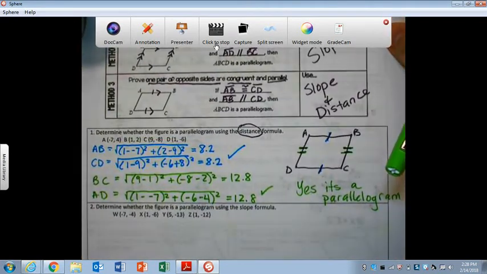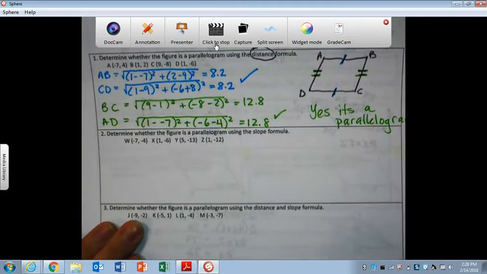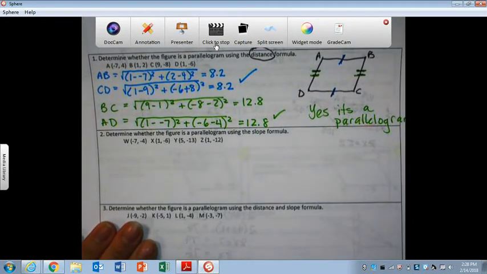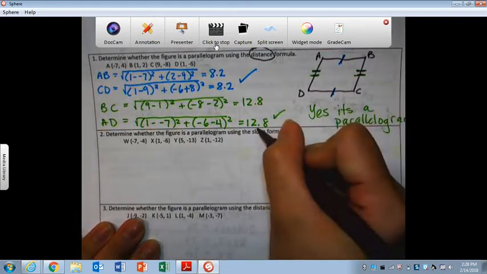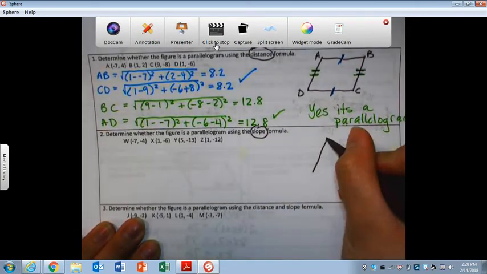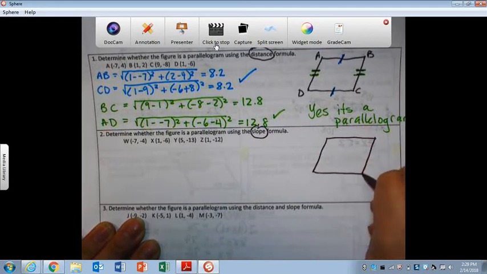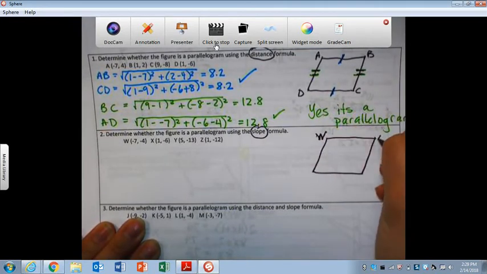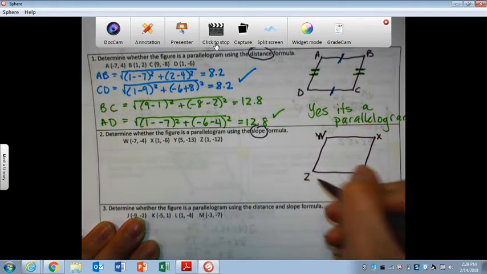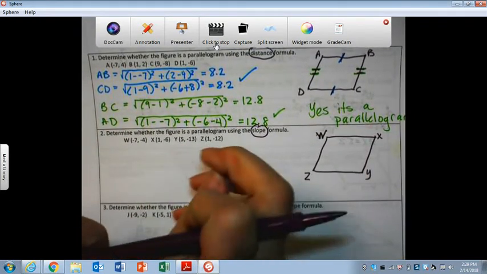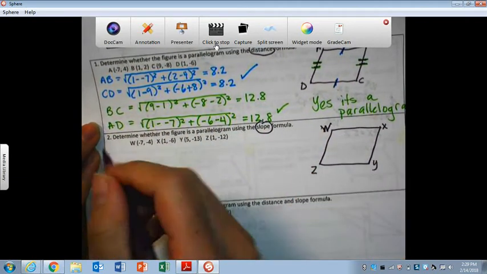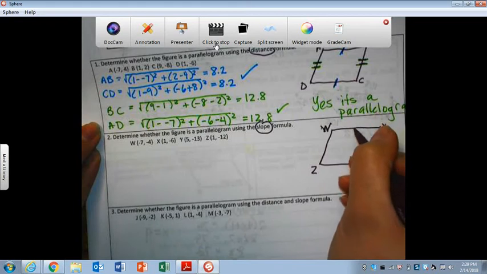Let's do one more. All right, so number 2, determine whether the figure is a parallelogram using the slope formula. Okay, so again, I'm going to draw it. W, X, Y, Z. All right, so first let's compare WX right here to ZY.